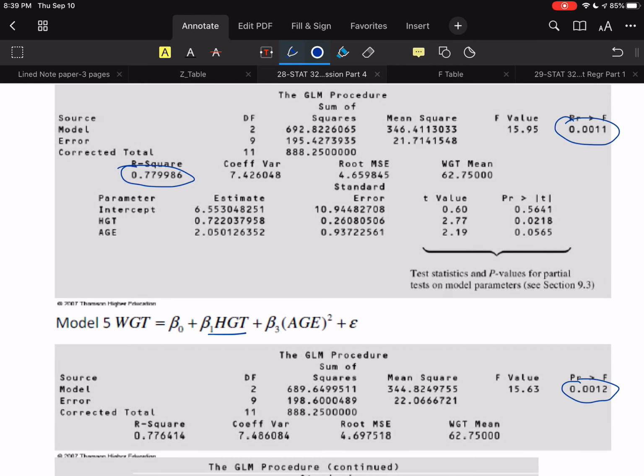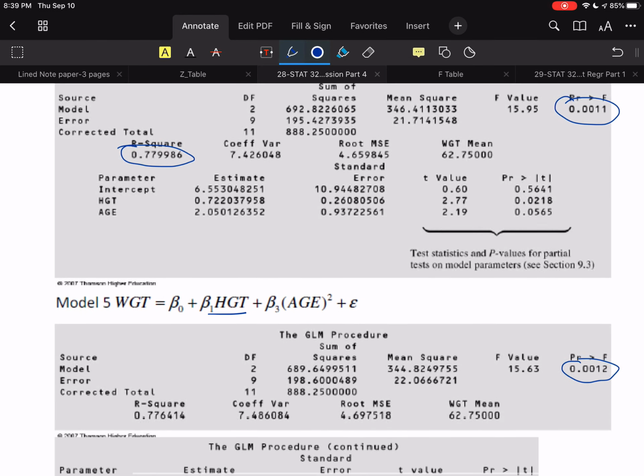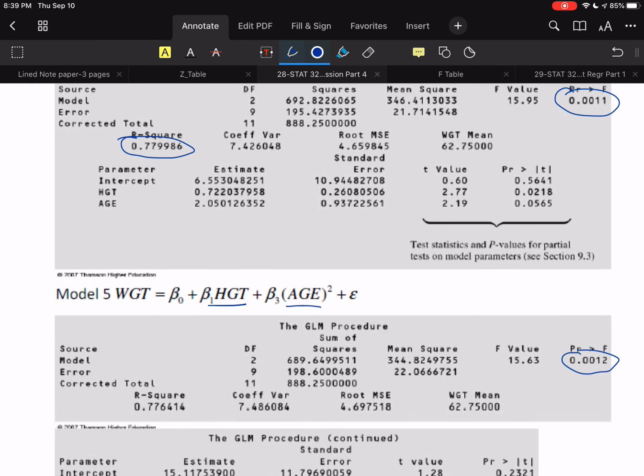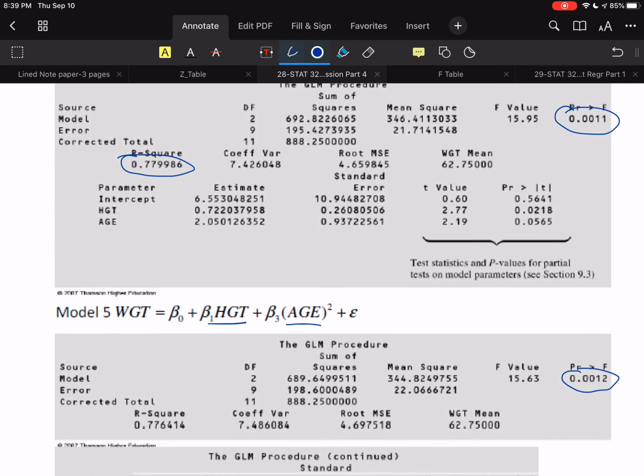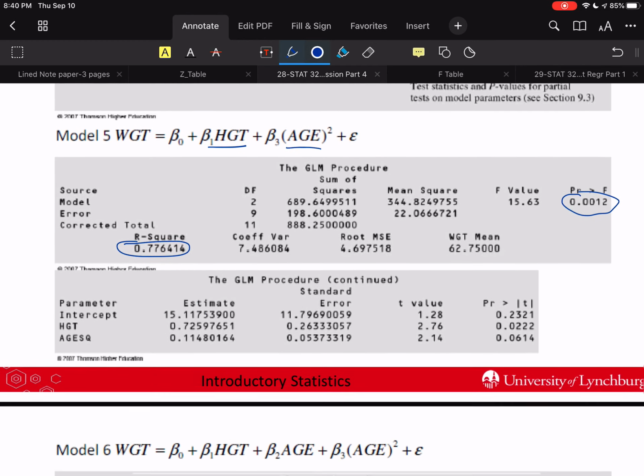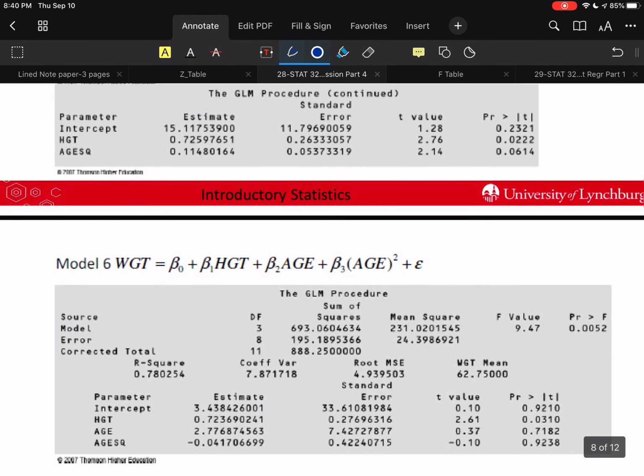But whether we have age or age squared in the model, we have two variables with very close to the same fit. This one's slightly better, 0.7799, versus 0.7764. And then finally, we add all of them in there, age, height, and age squared, and the p-value jumps back up. And the r squared goes up a little bit because, again, we added more variables.